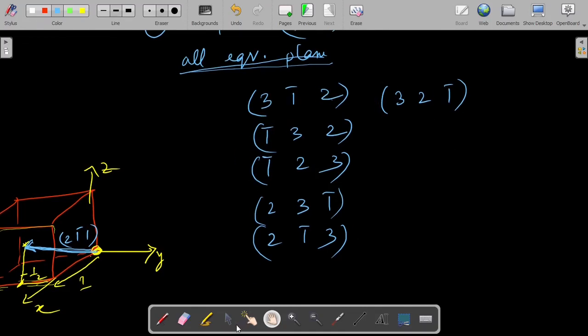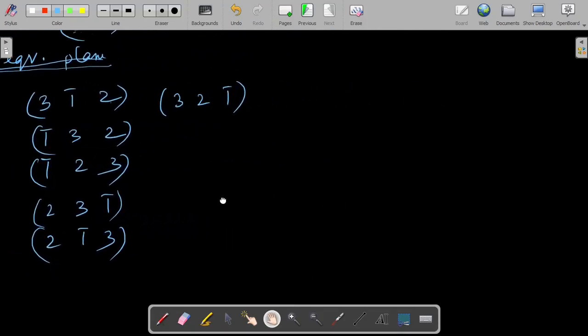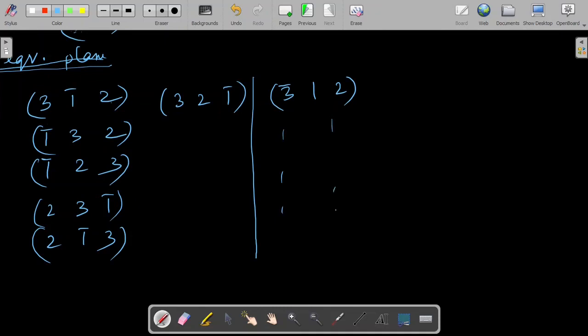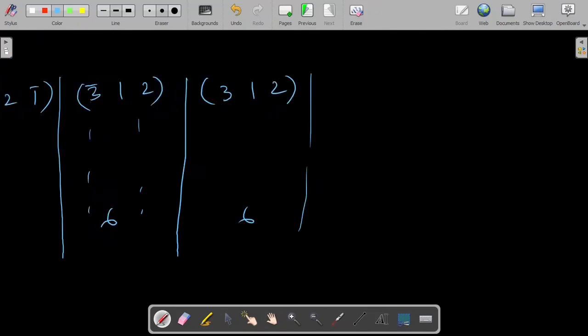Then to find out all the equivalent ones, what you have to do is 3 bar 1, 2. With this, you will find out 6 more, just like what we did. Then 3, 1, 2. So 6 more. Then what else? 3, 1 bar, 2 bar, 6 more.